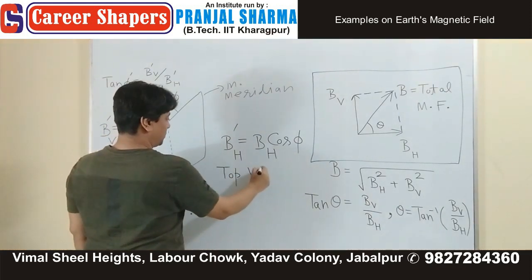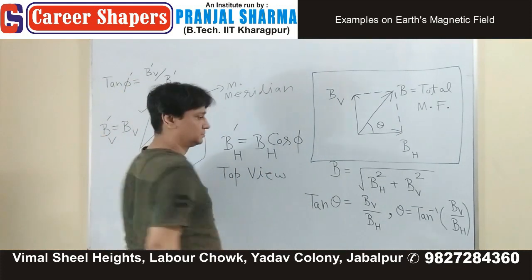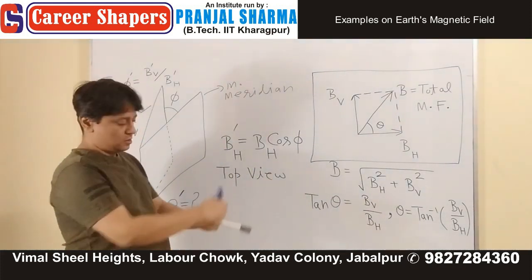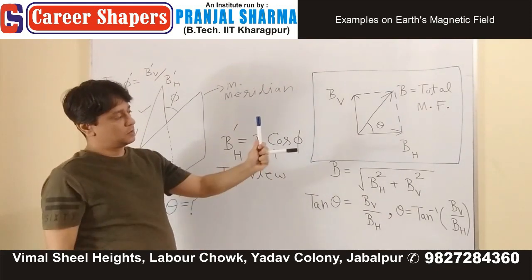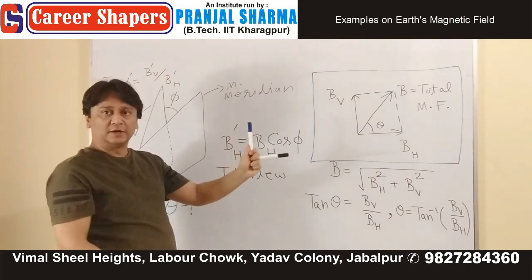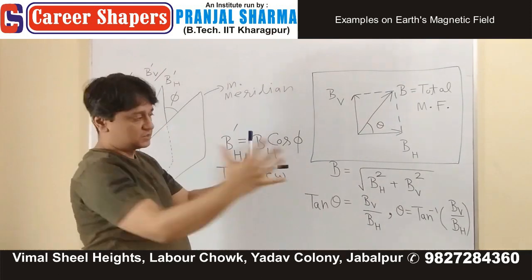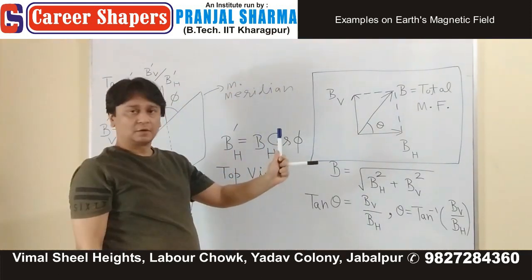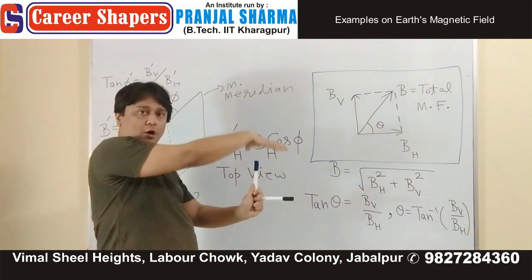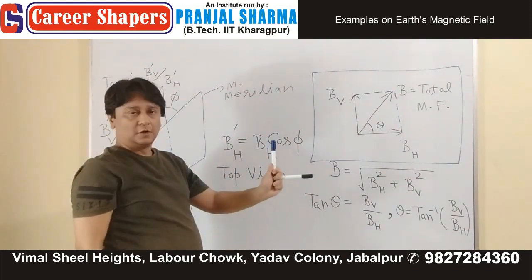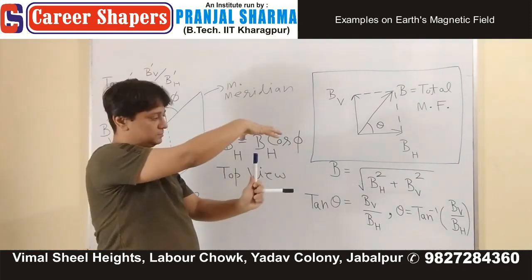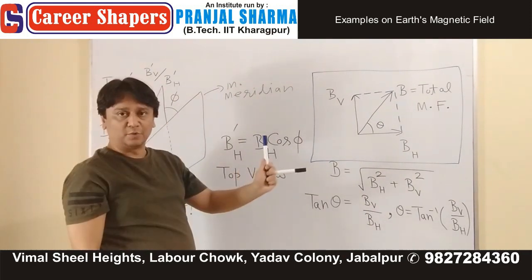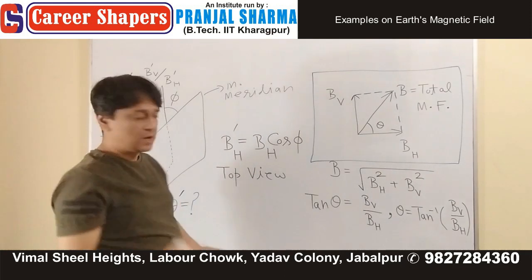If I draw the top view, so if we look at these two components, not from this side but from this side, which is called what? Top view. If I draw the top view, and I'm interested only in the horizontal component part, then it will look like this.